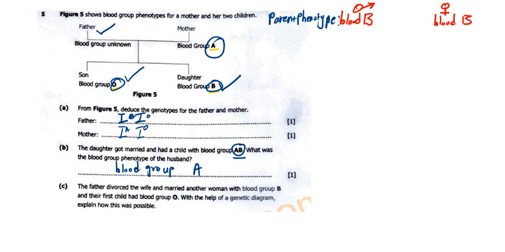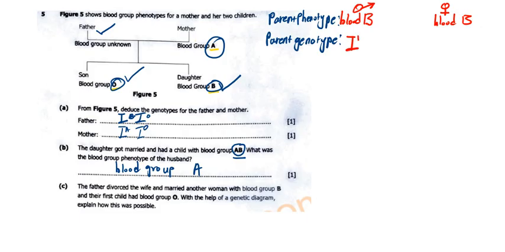Now here you have to proceed by saying the parent genotype. Since it is blood group B, you represent it with the alleles.